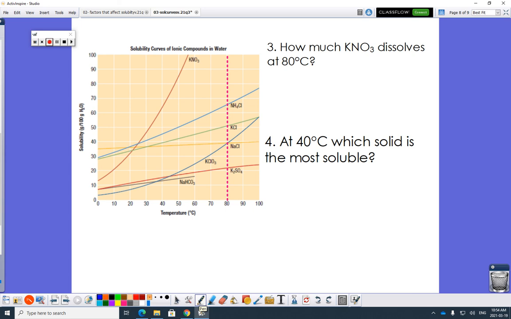So it's way, way, way theoretically above. So you would just have to think of the trend. The KNO3 line is continuously increasing. So how much is it? We don't know, but logically, according to the trend, it's probably greater than 100.